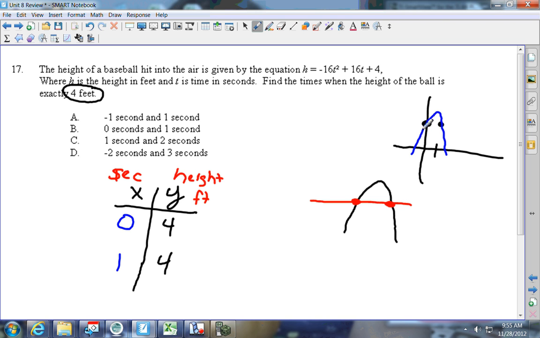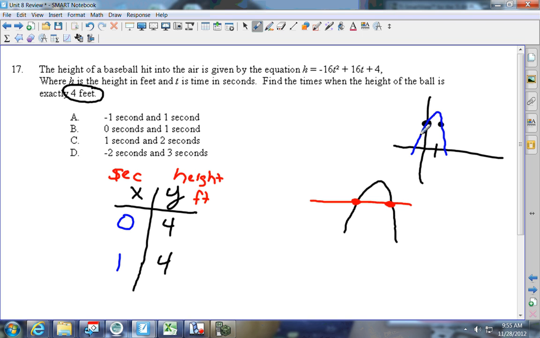What does that 0, 4 mean? What do you think could be happening if this is when the ball is thrown in the air? It's the y-intercept. It's when time is 0, right? When you start. Well, but it's not coming down yet. It's starting. If it's starting at 4 feet, where's the ball starting at? 4 feet, right?